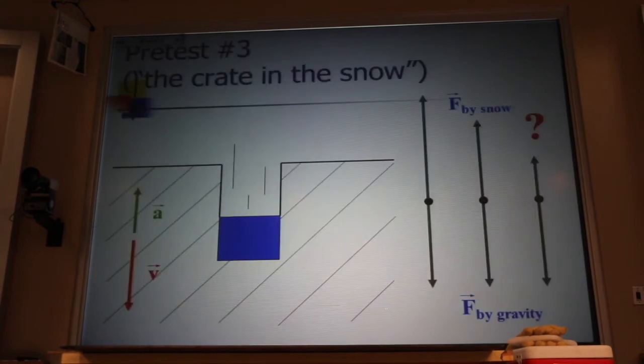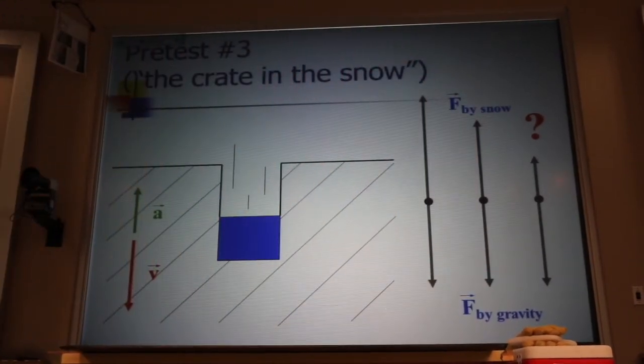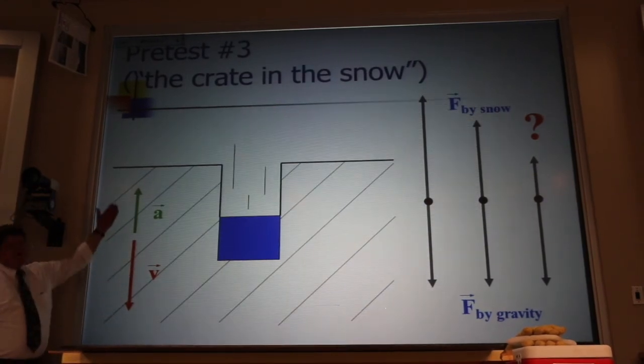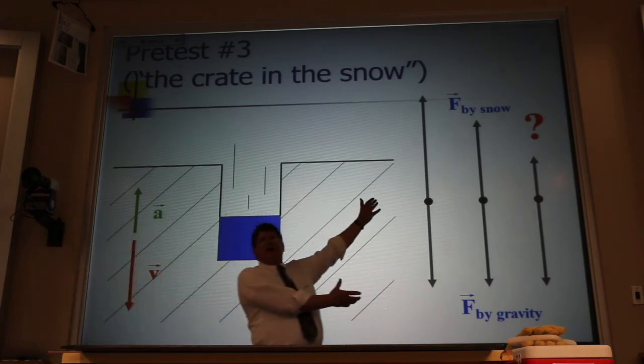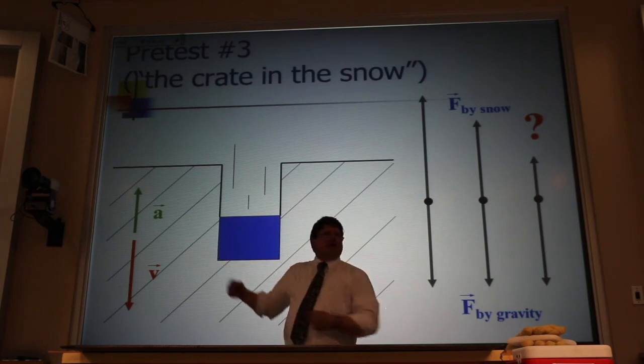Now folks, let's go back to this pretest. Let's see if you learned anything just now. There are two vectors that describe the motion of this crate. The velocity down and the acceleration up. This free body diagram for the crate has to scream one of those vectors.